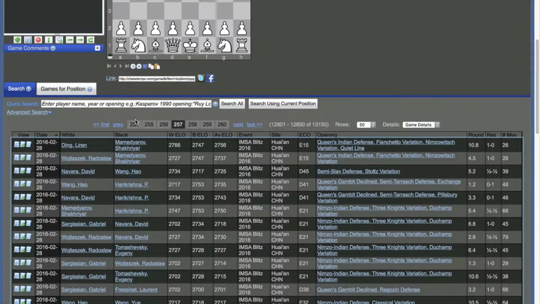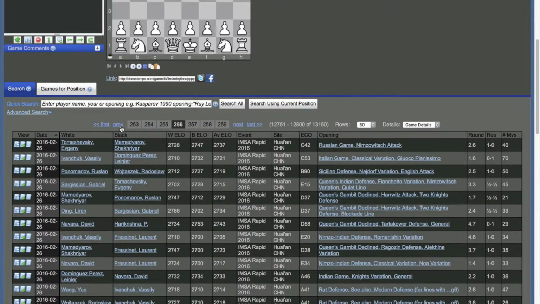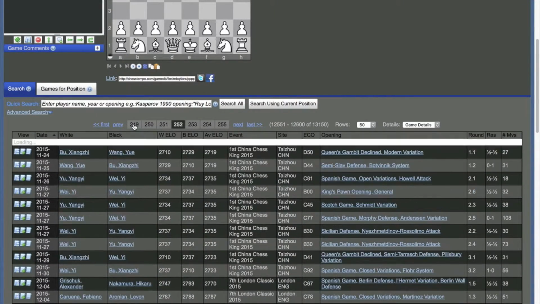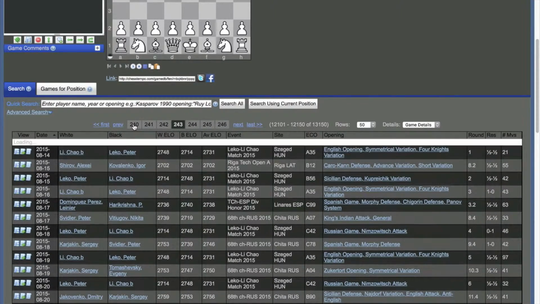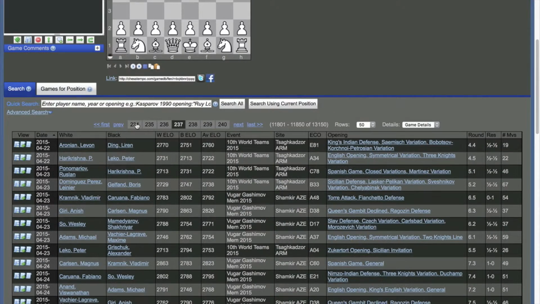Not only that was annoying, but also choosing a page number. So now I'm on page 257, but what if it's on page 130? I would have to press previous, or I'd have to just jump all the way back. There's no other way you can do this on the site, which was extremely frustrating. But yeah, you get the idea.